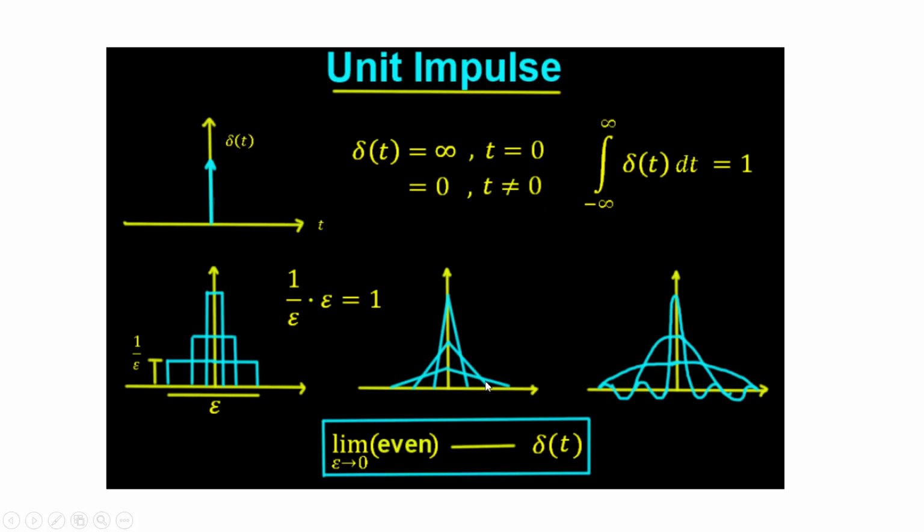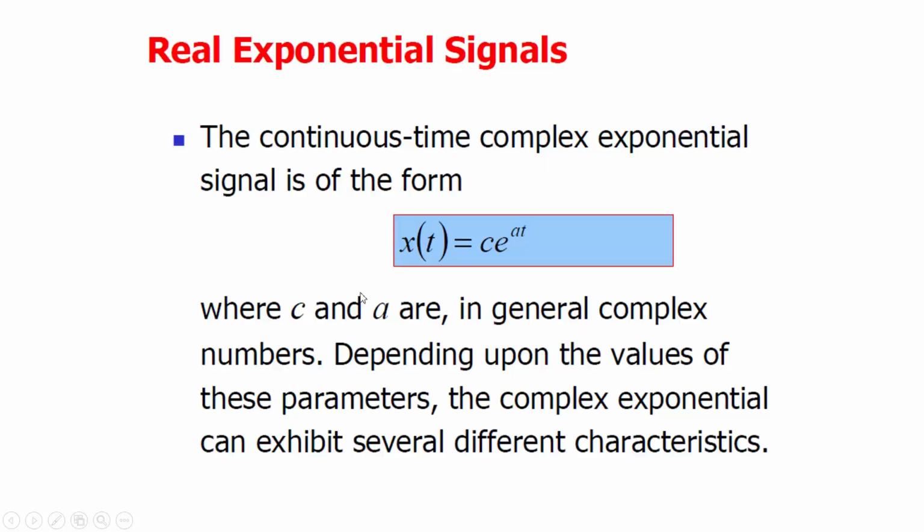If this is a triangle, then if you reduce the width of the triangle, you will have to increase the height of the triangle so that the area under the curve remains the same. So this is an even function, right? For any even function, this is true. So we can say that as epsilon approaches 0, if the width of the even function approaches 0, then the limit of any even function will approach the delta function. So this is the actual definition of the unit impulse function in the time domain.